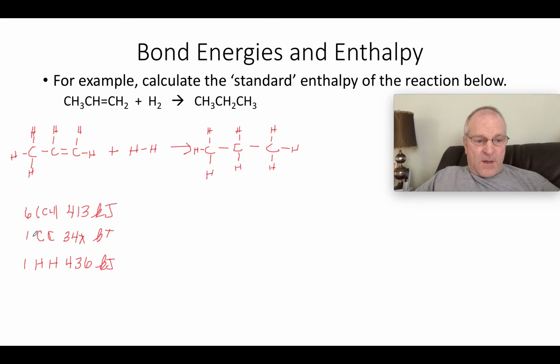So what one does to get all of the energy required to break all those bonds is add them all up. So 6 times 413 is 2,478 kilojoules.